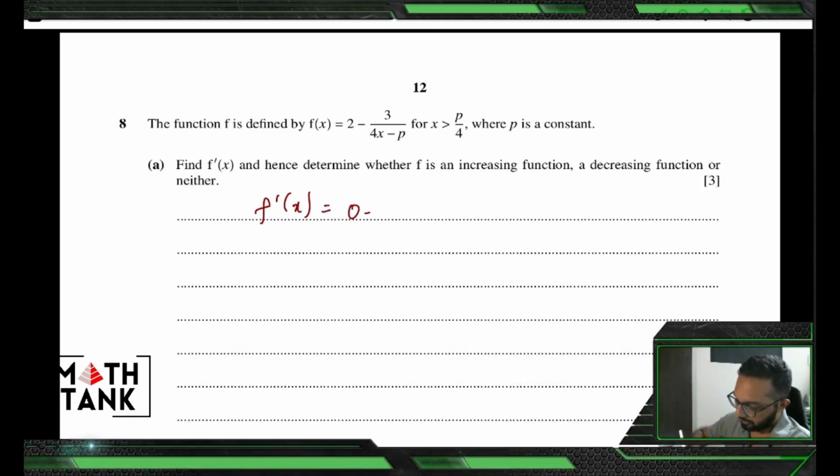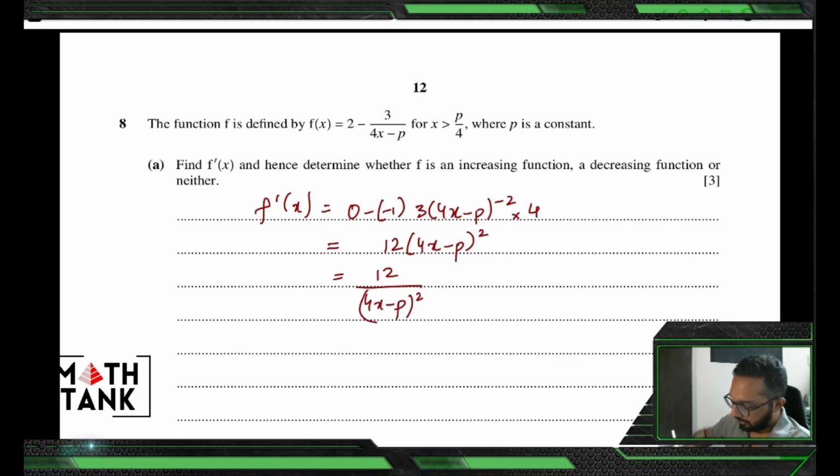That becomes a 0. And when I differentiate this, the power -1 should come down. 4x minus p power minus 2 into 4. So I get 12 over (4x minus p) squared.